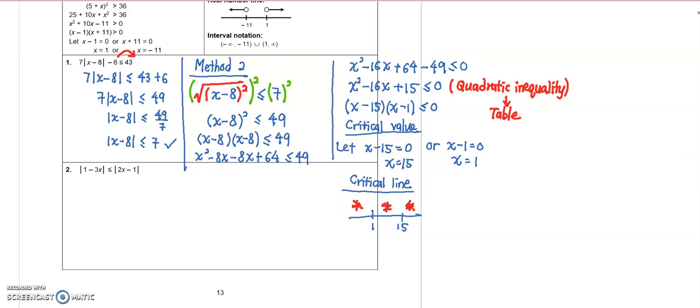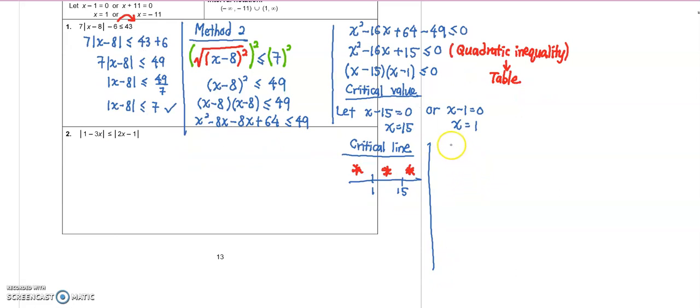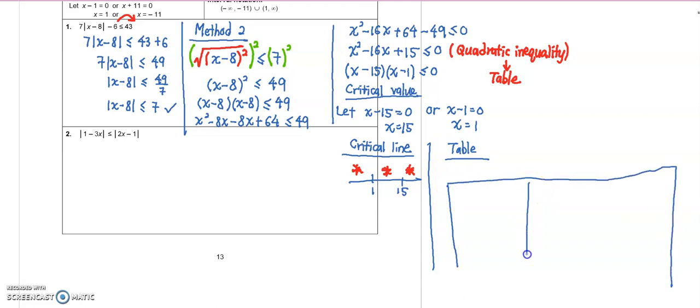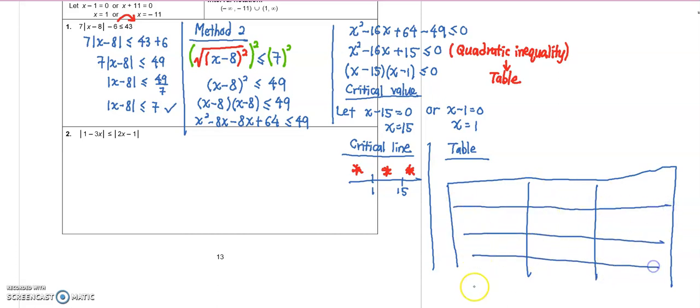Next, we will construct the table. So now here comes the table. For the table, we need 3 columns and 4 rows. For the first column is interval.